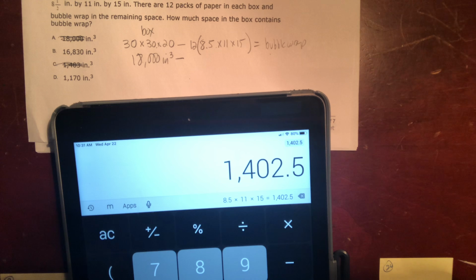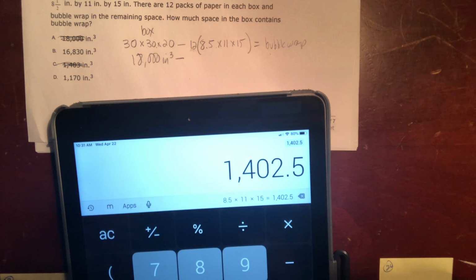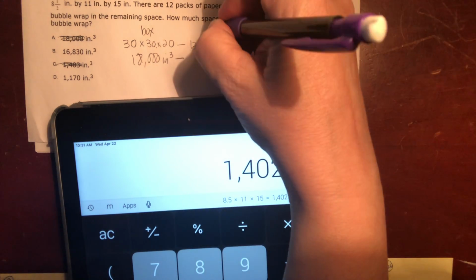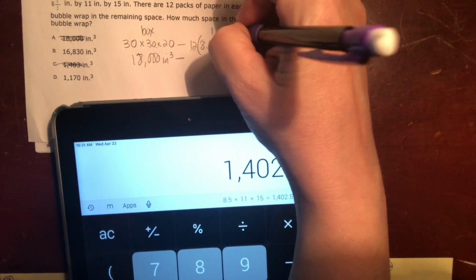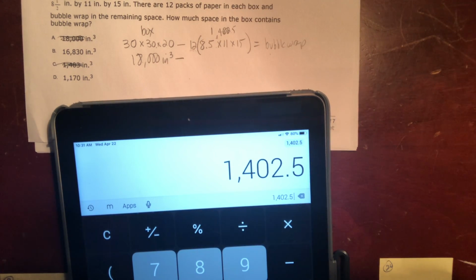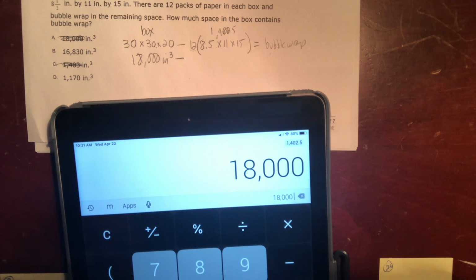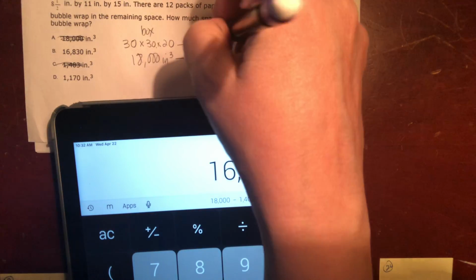Now, at this point, without doing too much more math, we should know what the answer is because we have 12 of these. But I've got a theory. This is for one of them. I'm guessing that 18,000 minus 1402.5, well, it's something around there, but that's only one of them.